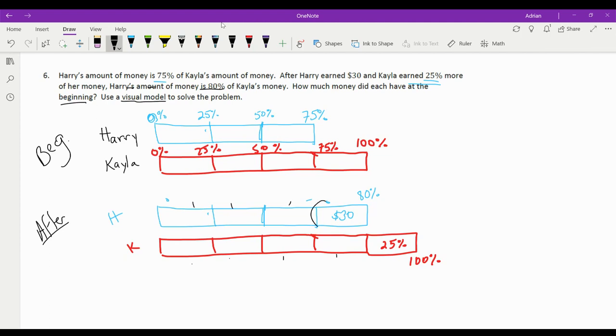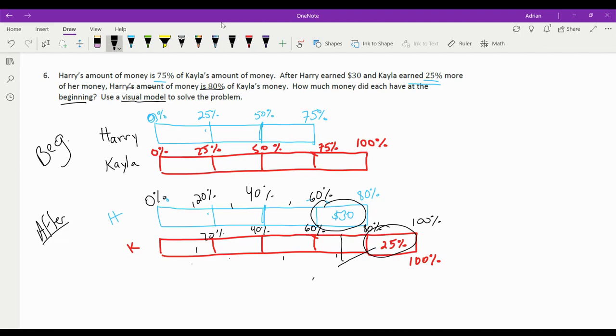And so this amount here is going to be equal to this because we're going to count by 0, 20, 40, 60, 80, 100. So each of these blocks, 20, are going to be the same in value. So each of these blocks are actually the same.